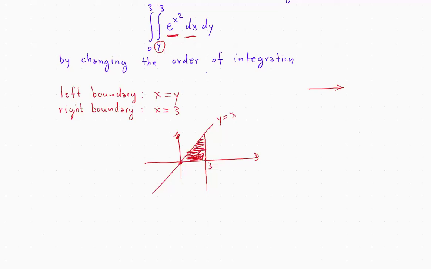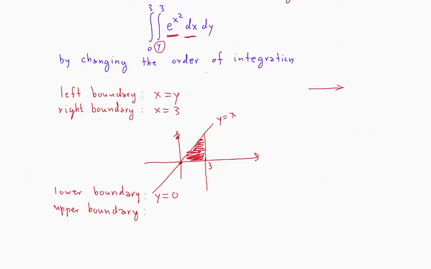And all we have to do now is consider the lower boundary and the upper boundary. If we want to integrate with respect to y, that's what we should be looking for. And the lower boundary is nothing else but the x-axis. And the x-axis is, in particular, y equals 0. And the upper boundary, now we have to express it in terms of x.